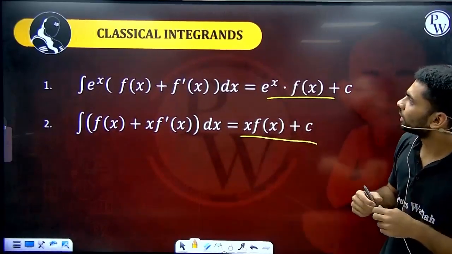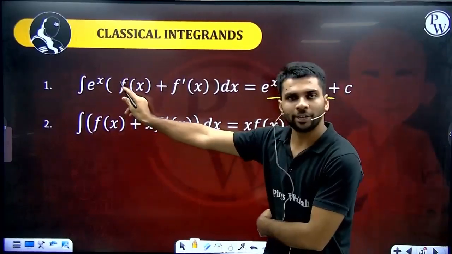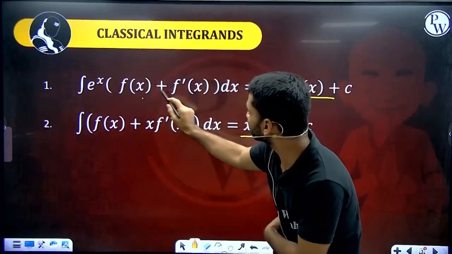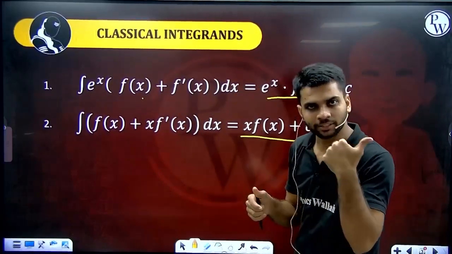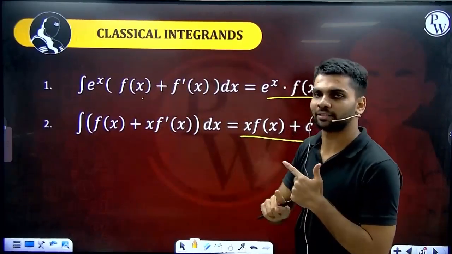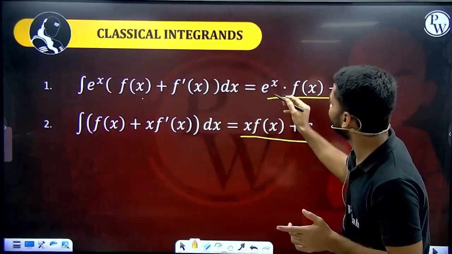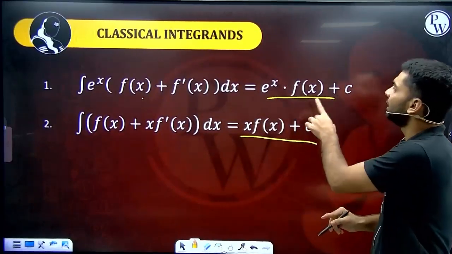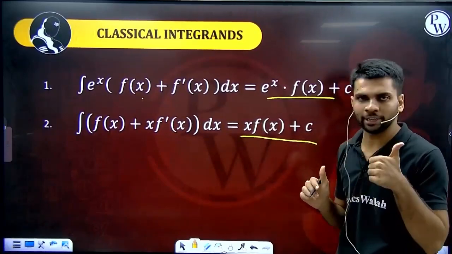Okay. So what is the first pattern? First pattern of classical integrands: e to the power x into f of x plus its derivative. This function is the sum of a function plus its derivative, multiplied by e to the power x. Then integration of it, we simply write as e to the power x into f of x plus c. Okay, first pattern, got it?